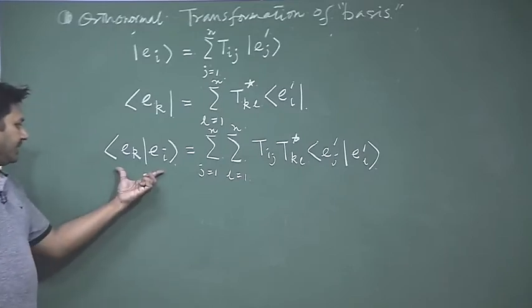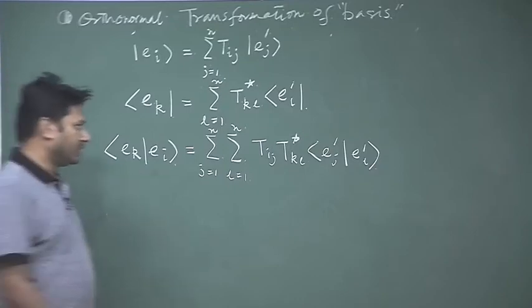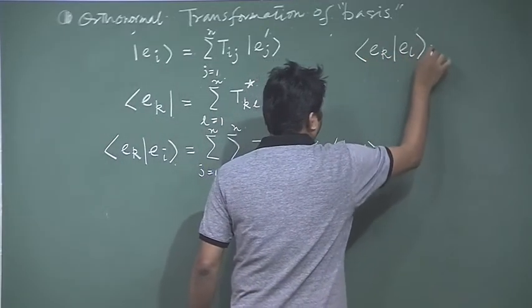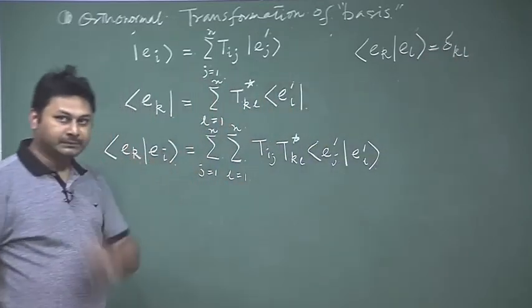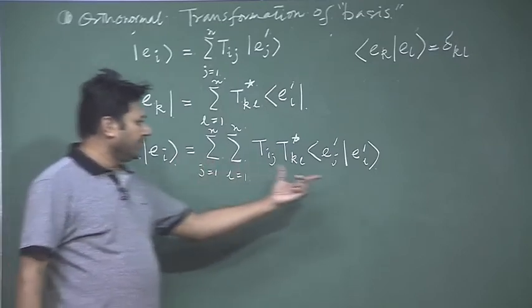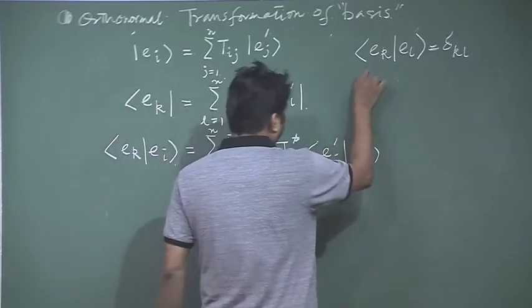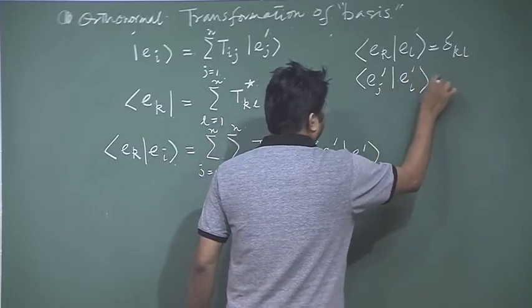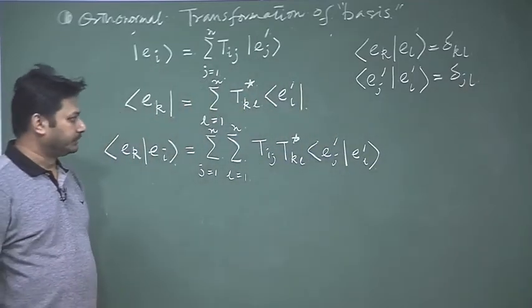Now the initial basis, the basis that I used, is already orthonormal. So this condition was there. That is first. Second thing is that whatever new basis I am getting should also follow that rule. That means I demand this has to be delta jl also.